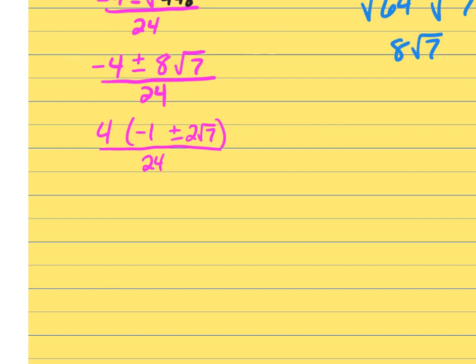Then I see a fraction right here, 4 over 24, that I can reduce to 1 over 6. And again, do I really need the 1 on the outside of the parentheses? No. So I'm just going to get rid of it and say negative 1 plus or minus 2 square root of 7 over 6.